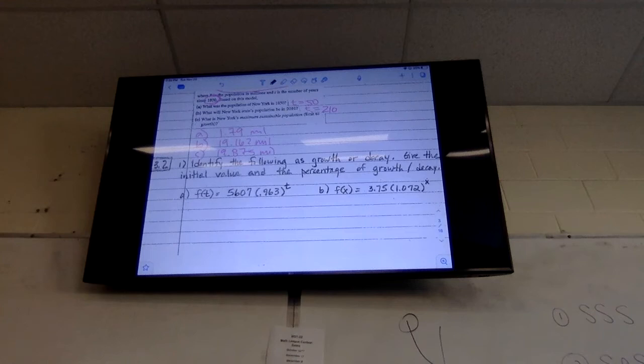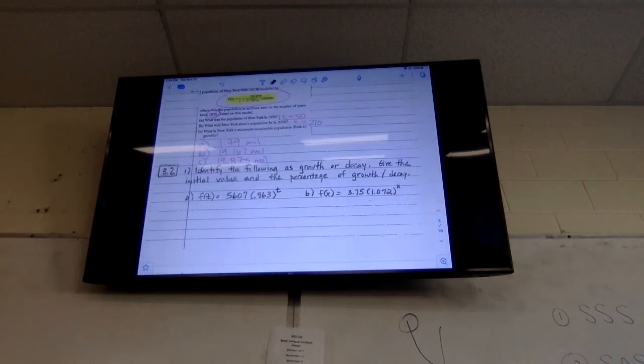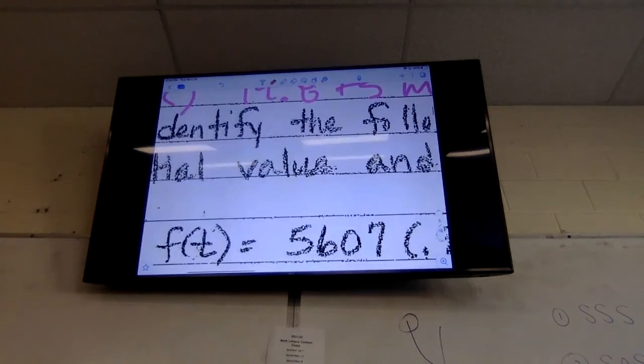Okay. All right, so number 1 for the very beginning of 3.2 says identify the following as growth or decay, give the initial value and percentage of growth and decay. I want to remind you that what we have been using for our exponential functions is y equals a times b to the x.